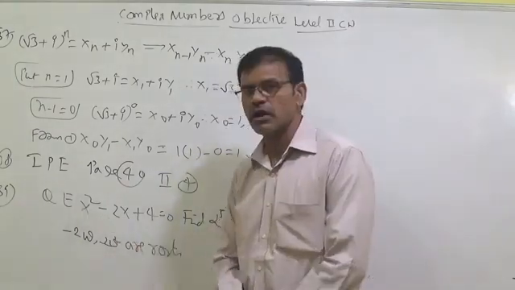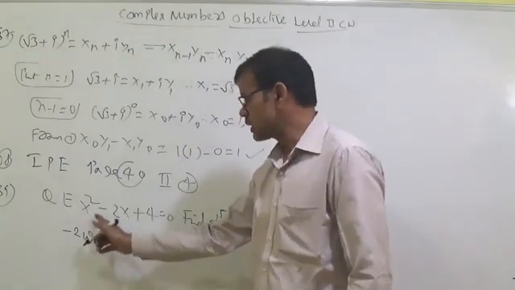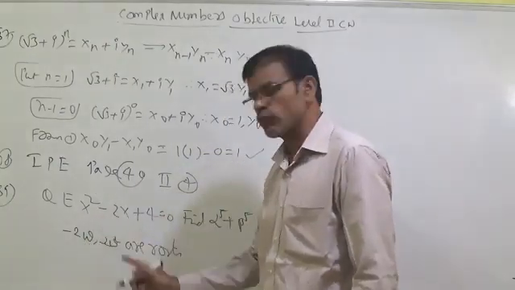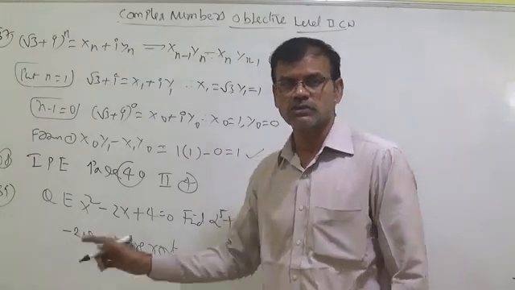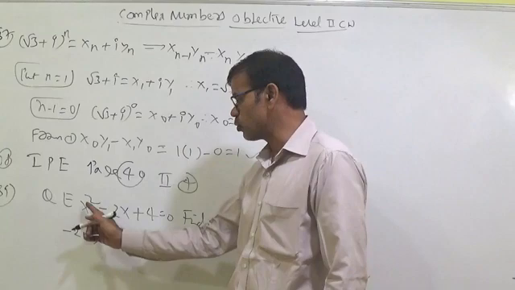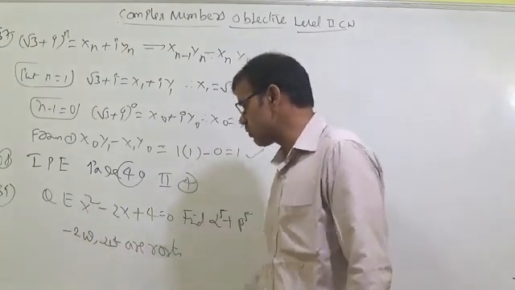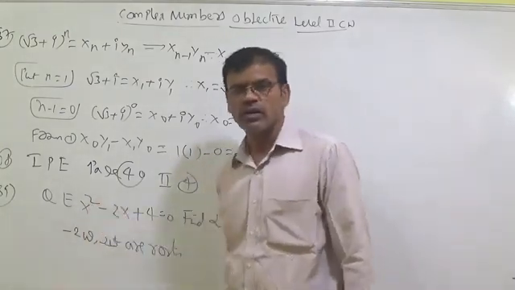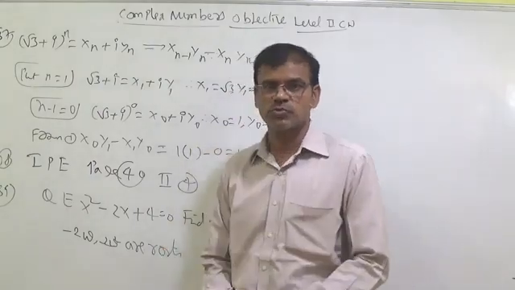Substitute minus 2 omega here: it becomes 4 omega square plus 4 omega plus 4. Taking 4 common, it becomes 1 plus omega plus omega square equal to 0. And for minus 2 omega square, substitute here: 4 omega power 4 plus 4 omega square plus 4. Taking 4 common, in the same way, 1 plus omega plus omega square.